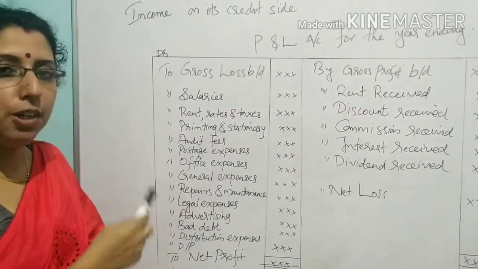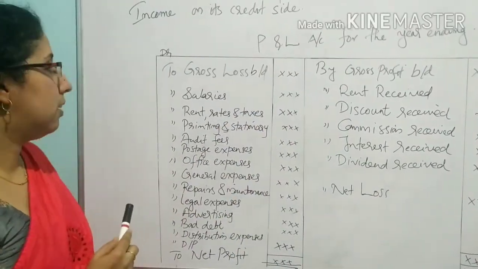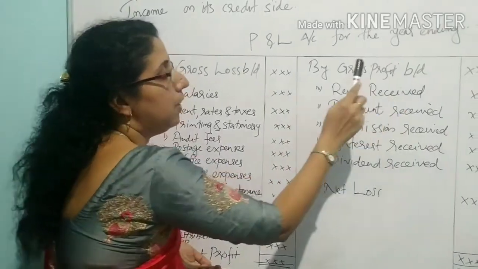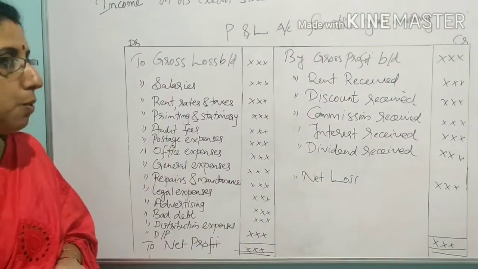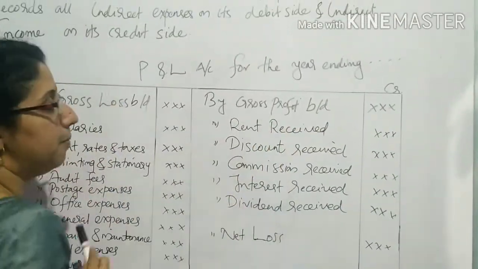Okay. So, I already told you it is a continuation of our trading account. First of all, we should record by gross profit. If the trading account gives us a gross profit, then we can record that gross profit on its credit side.